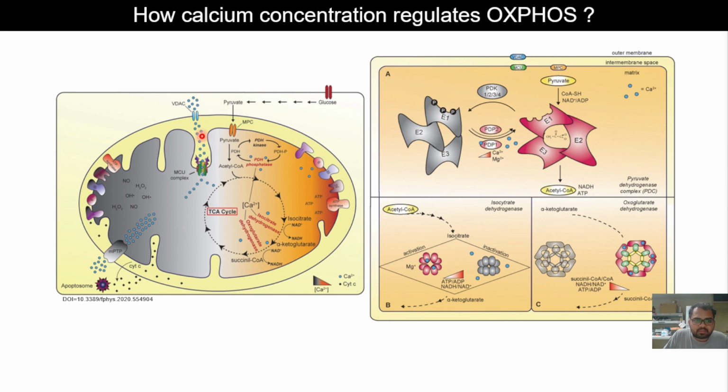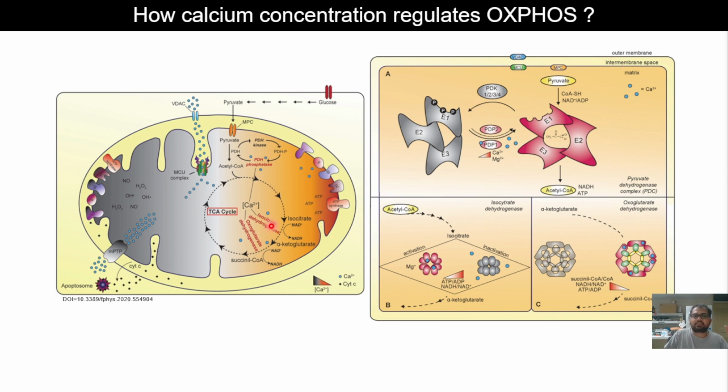Now in this case, for example, calcium is responsible for the activation of different enzymes, especially those involved in the TCA cycle. For example, PDH phosphatase, isocitrate dehydrogenase, and oxoglutarate dehydrogenase. So there are various mechanisms by which calcium activates these enzymes, which is shown here.